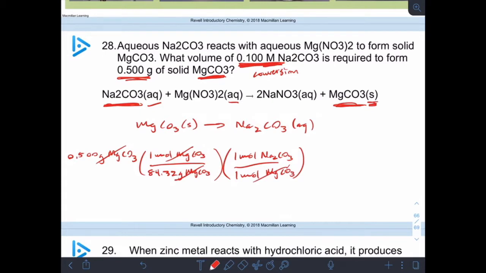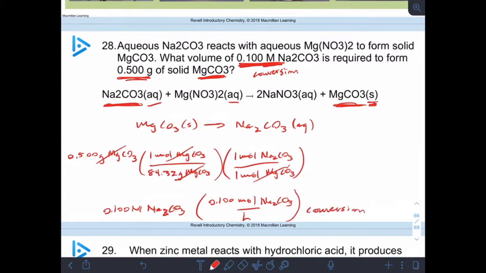Okay? Now, remember our molarity of sodium carbonate, that's Na2CO3. That's the same thing as saying 0.1 moles of sodium carbonate per liter, right? So right now I have moles of sodium carbonate on top, and if this is a conversion factor, that means that I can flip it however I need.